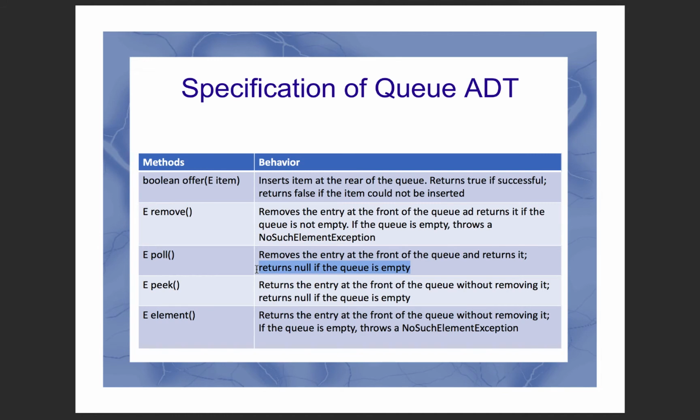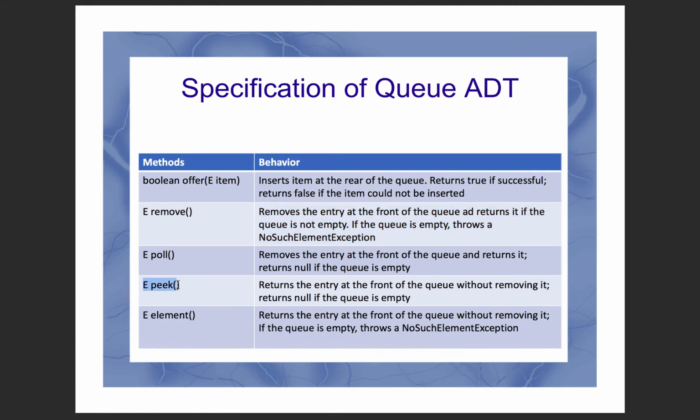Otherwise, both are similar. Both return E type data, which is basically the front element of the queue.